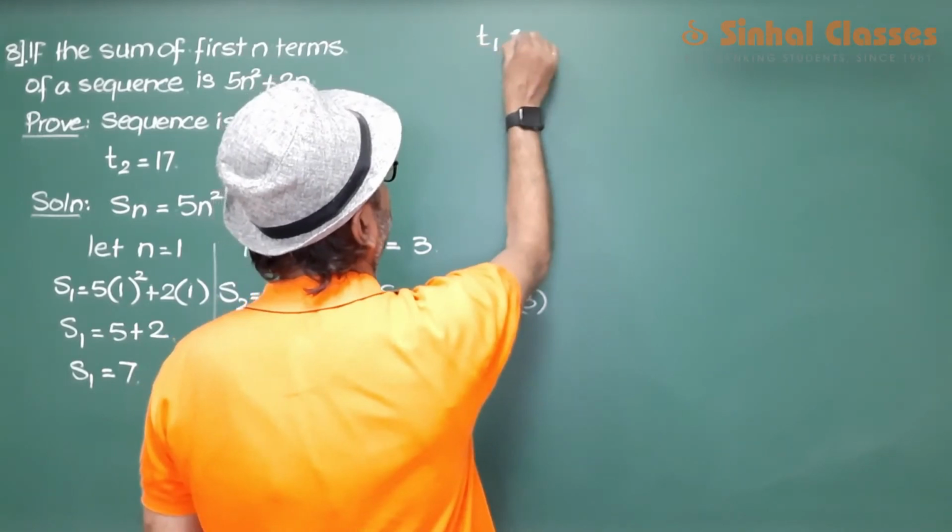So n is equal to 50. This is your value for n.